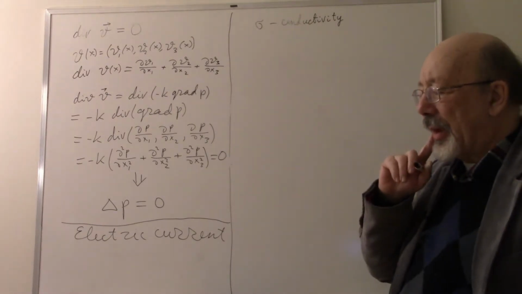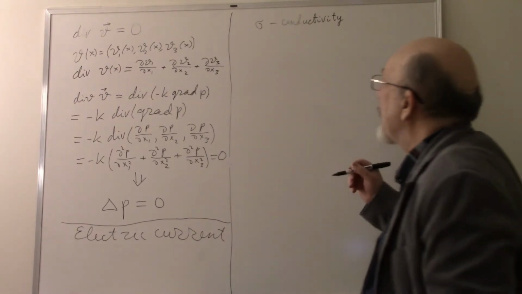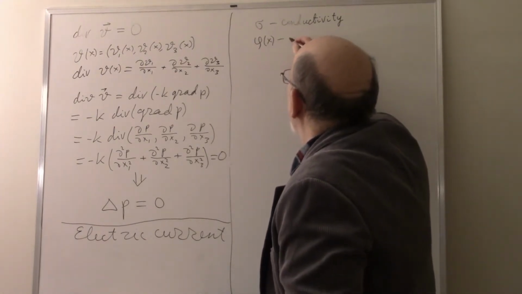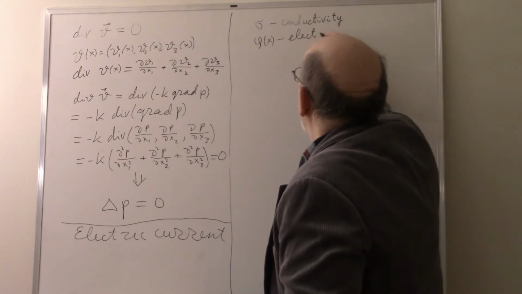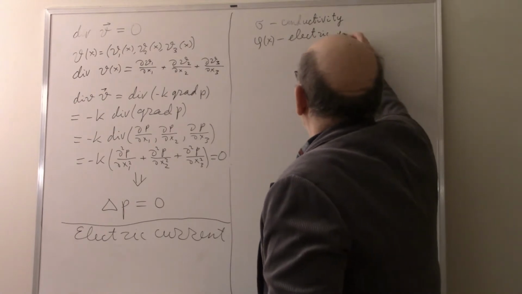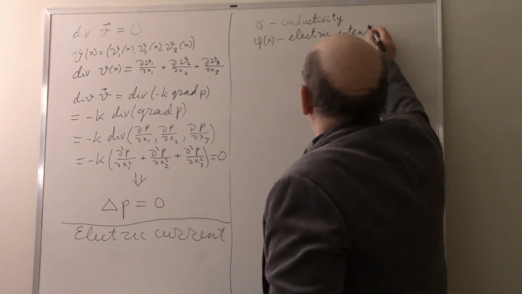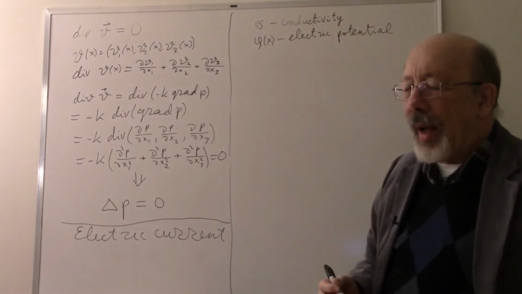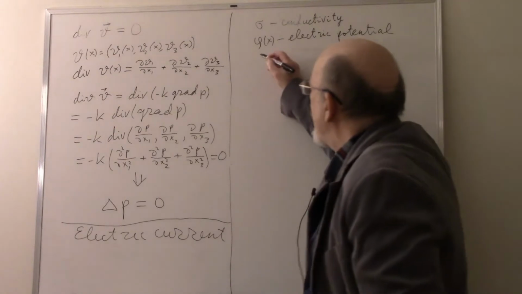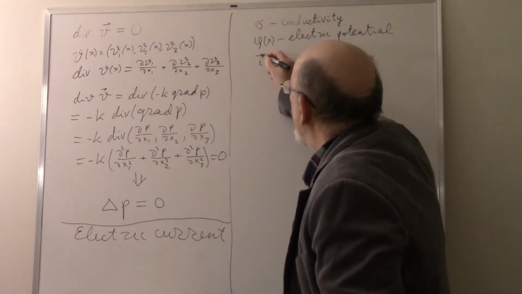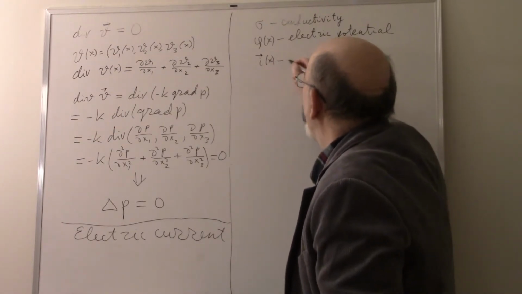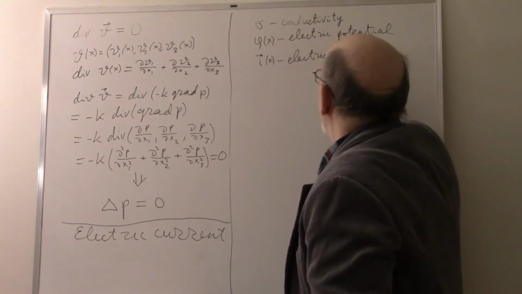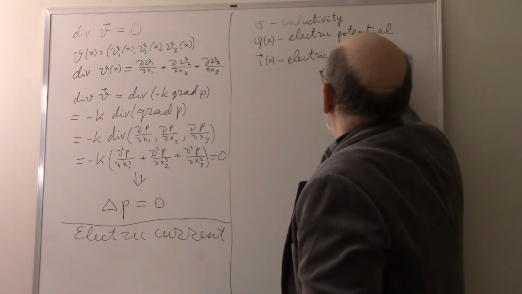Now in this medium we have electric potential phi of x and we have the current I of x, electric current.